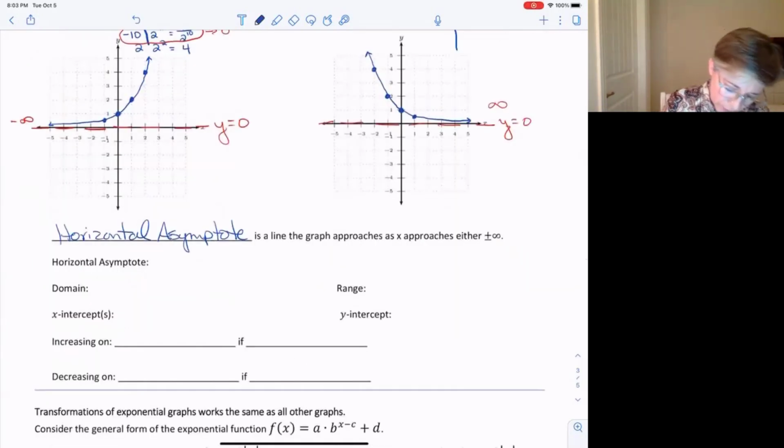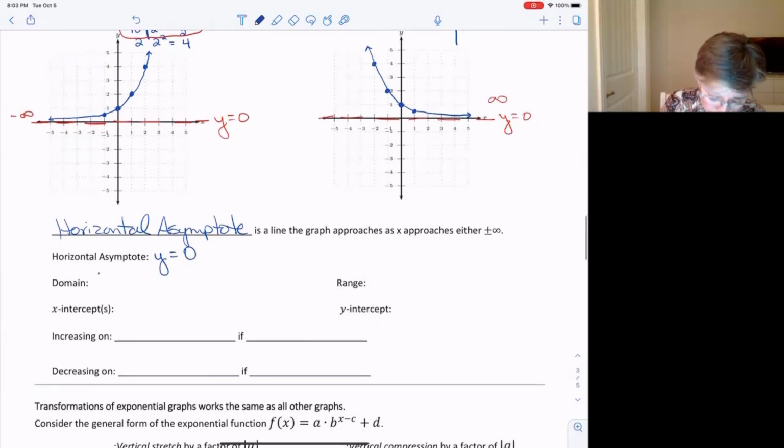So let's take a look. The horizontal asymptote would be y equals 0 before any transformations. The domain goes from negative infinity to infinity because we can use any x, but the range, notice it starts right above the y equals 0, and then it continues on up towards infinity.